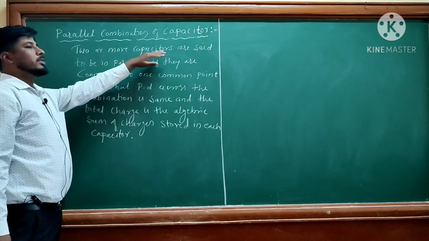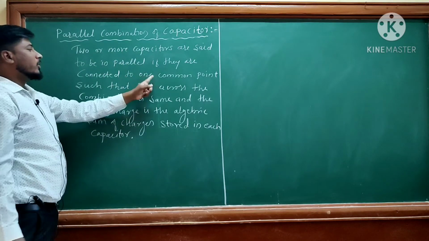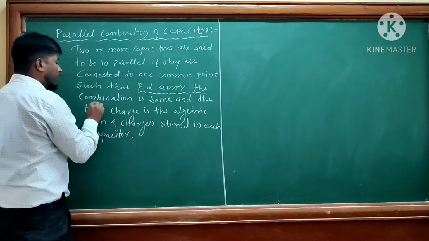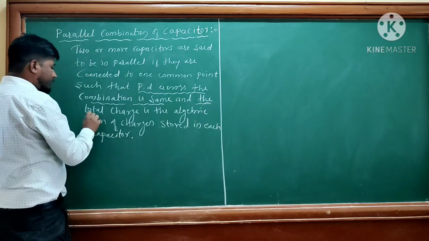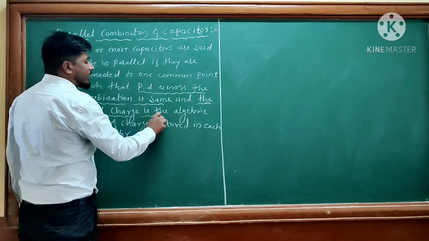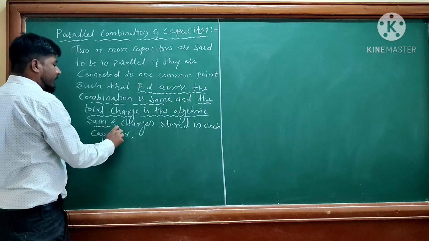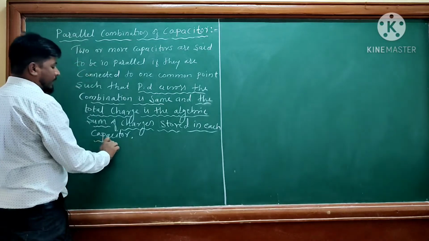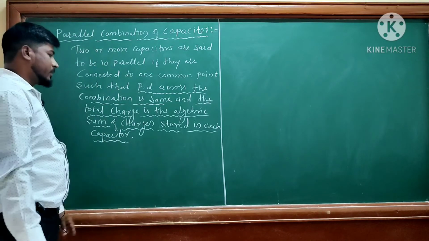So two or more capacitors are said to be in parallel only if they are connected to one common point, such that the potential difference across the combination is the same and the total charge in the system is the algebraic sum of charges stored in each capacitor. Then only we can say that it is a parallel combination, right?